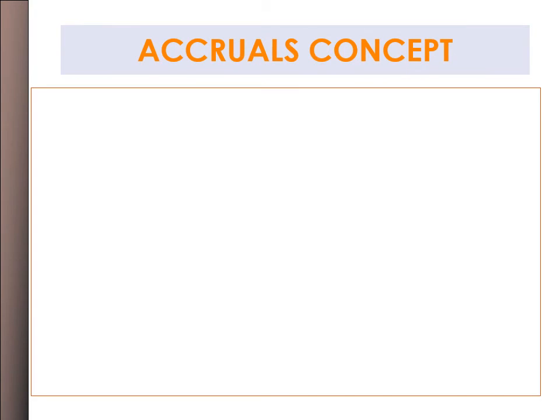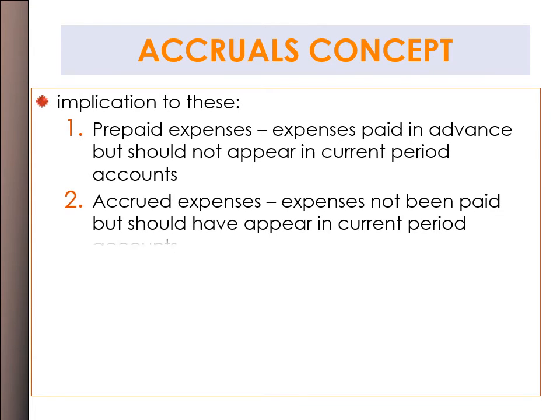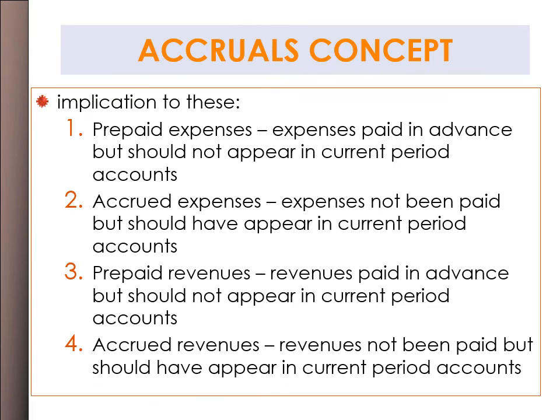So the accrual concept actually has implications: prepaid expenses, where expenses have been paid in advance but should not appear in the current period; and accrued expenses, where expenses have not been paid but should appear in the current period accounts.